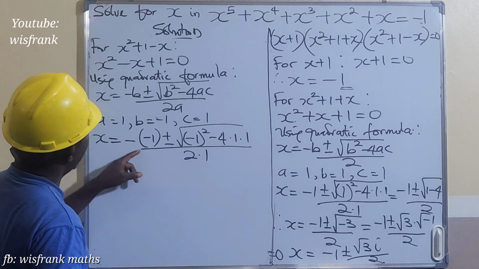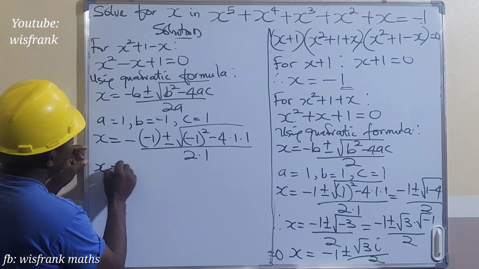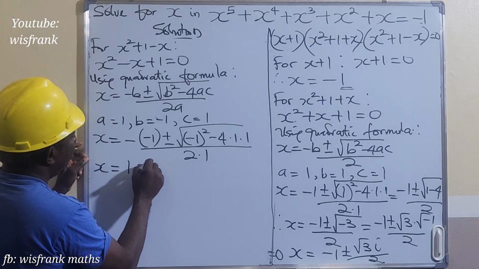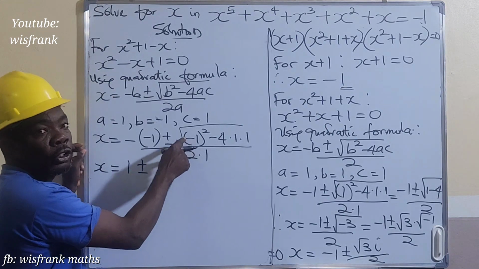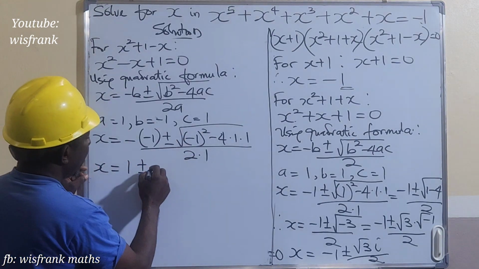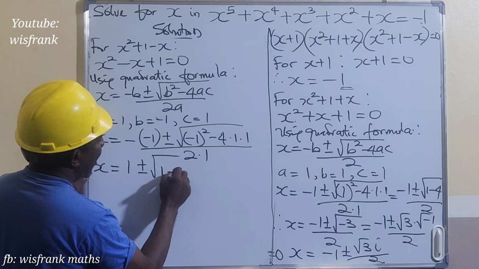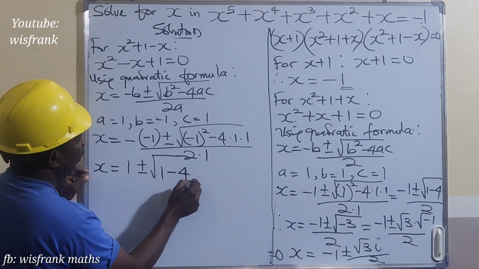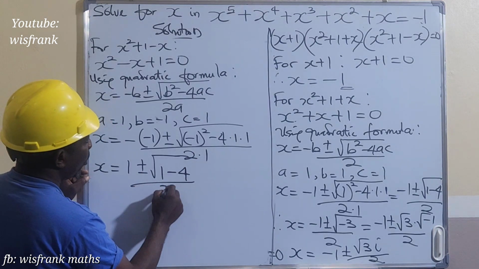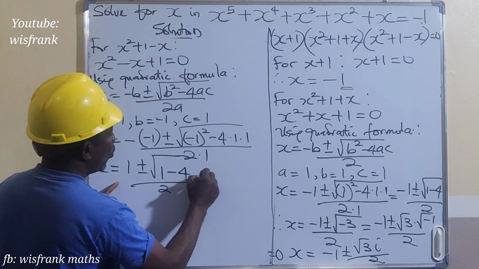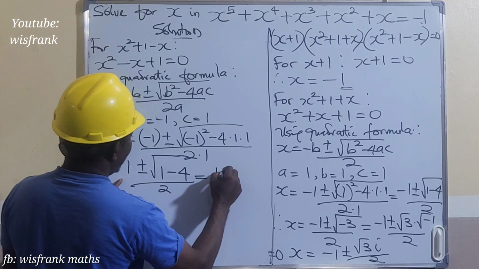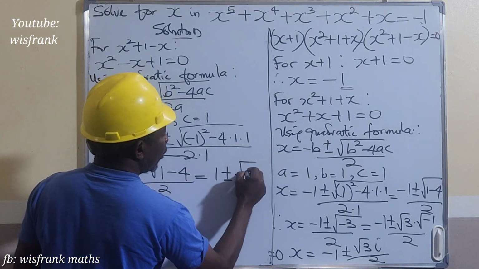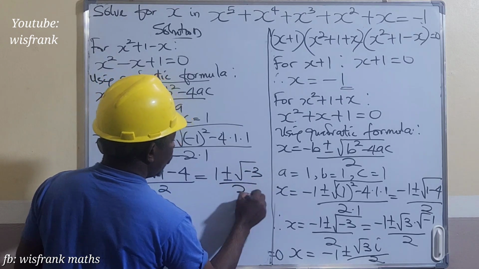So in this case, x equals minus times minus 1, which becomes 1, plus or minus √(1 − 4), since (−1)² is 1, all over 2 times 1, which is 2. So this gives us 1 ± √(−3) over 2, since 1 minus 4 is −3.